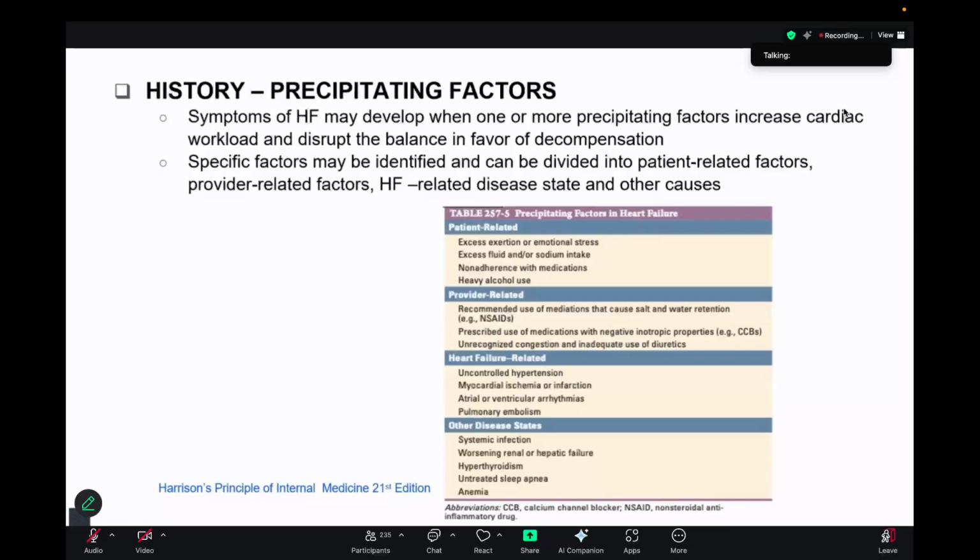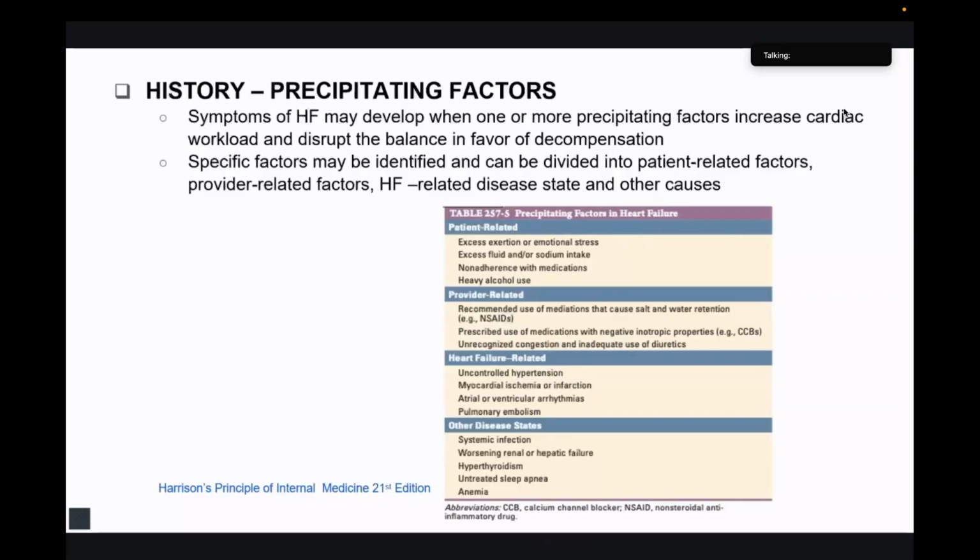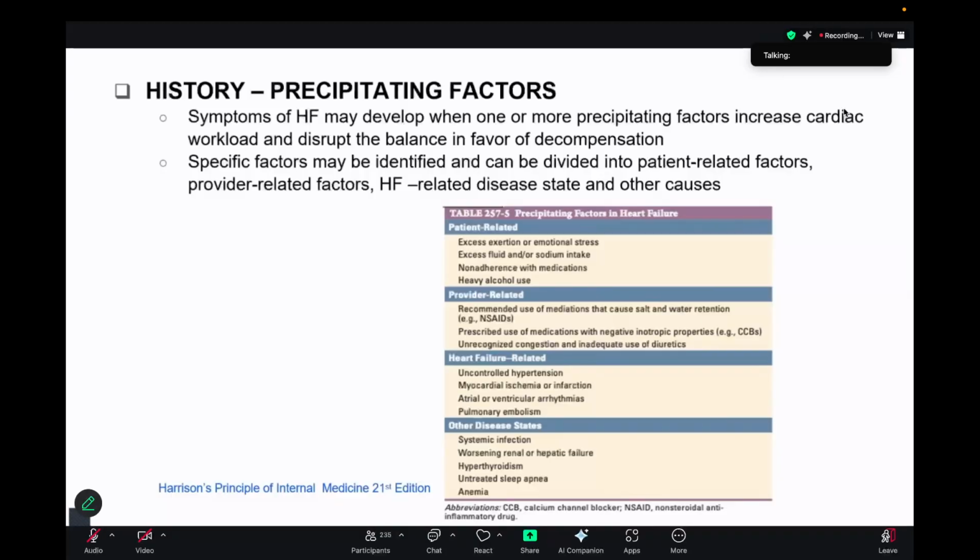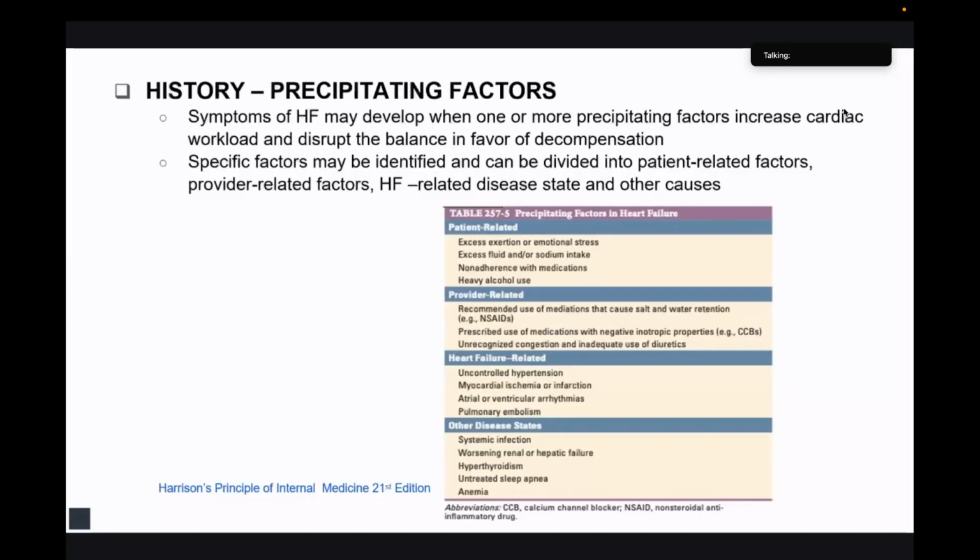The symptoms of heart failure may develop when one or more precipitating factors increase cardiac workload and disrupt the balance, which favors decompensation. Specific factors may be identified and can be divided into patient-related factors, provider-related factors, or heart failure-related disease states, as well as other causes.